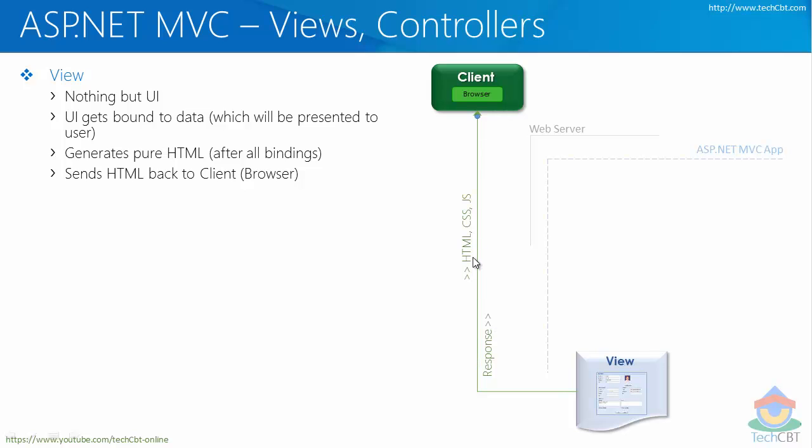Whenever I say HTML, essentially it includes other components of a web page which are CSS and JavaScript and so on. So this is pretty important. A view sitting at the web server level inside an MVC application, once it has completed its process of data binding, all the user interface elements will be rendered and spit out as HTML, and that HTML is going to be sent back to the client.